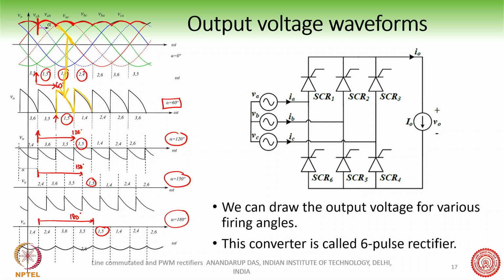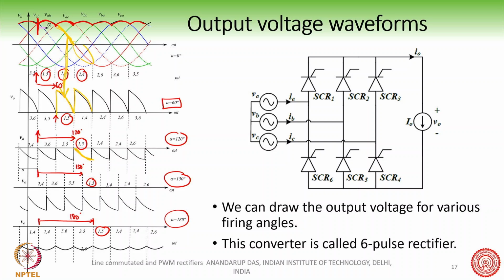When you have alpha equal to 120 degree, then you have the next part, and you can follow this one by one. The next part comes in, and so you get this part of the waveform. This is the AB voltage, VAB. So we are getting parts of the waveforms from different starting and ending points, as if those parts of the waveforms are coming at the output.